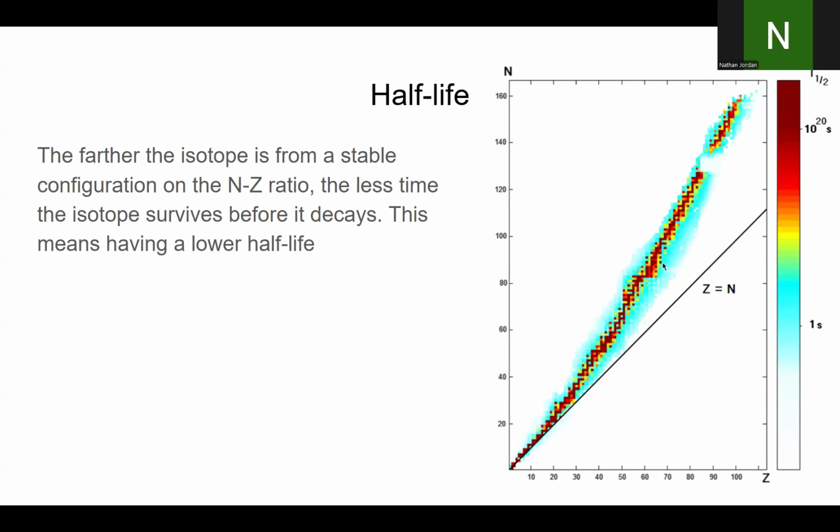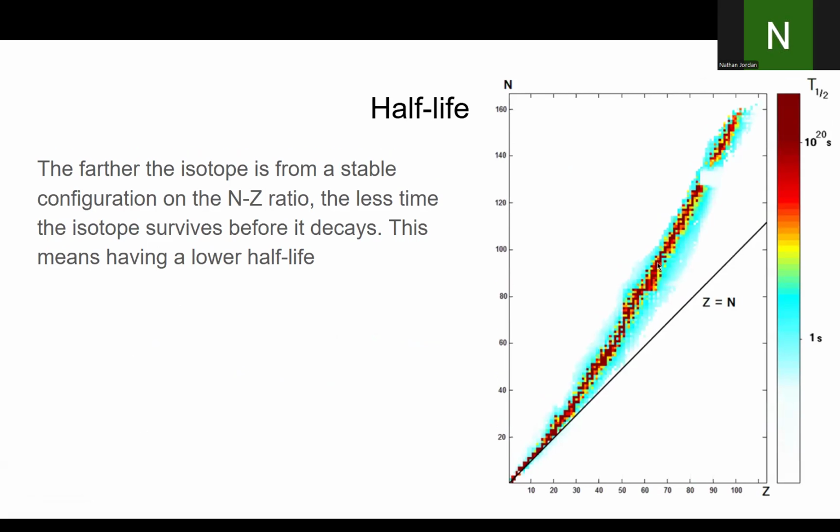There's a certain measurement that you could take called the neutron to proton ratio, the N/Z ratio. There's a certain N/Z ratio for each atom that is very stable, at least for the lighter ones.